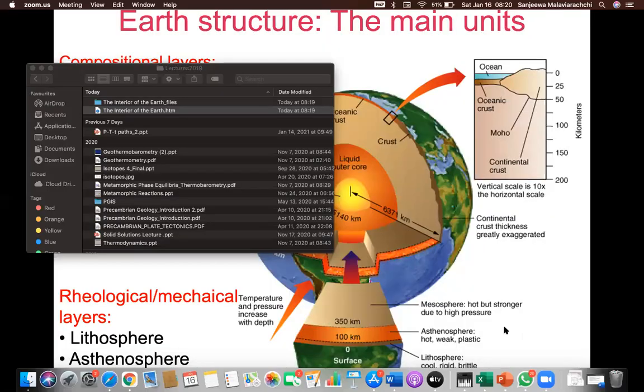Sorry, it's not opening anyway. So let us continue with the presentation with the same diagram that we have been discussing.